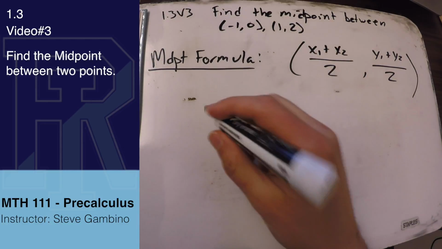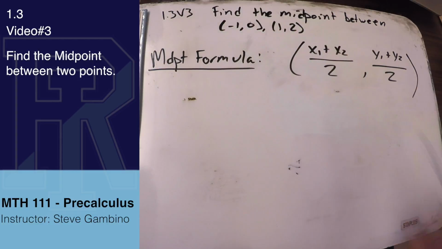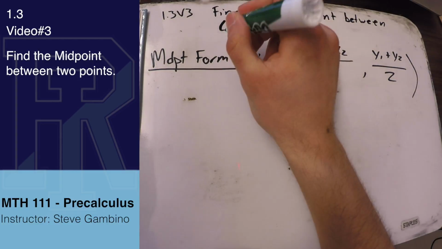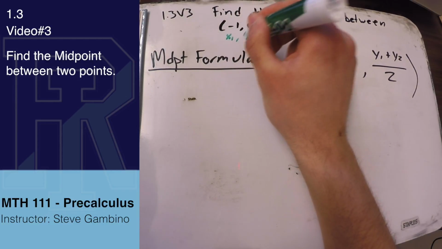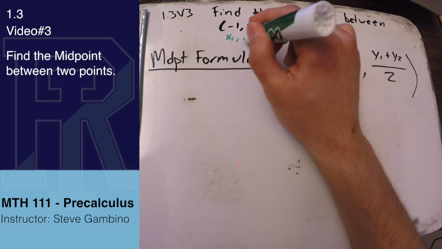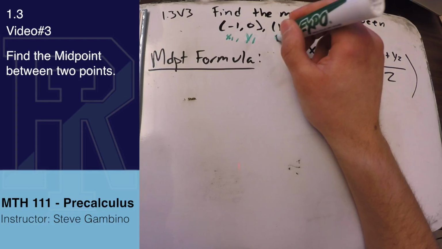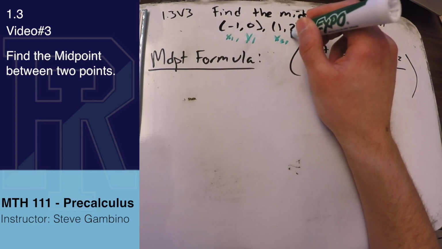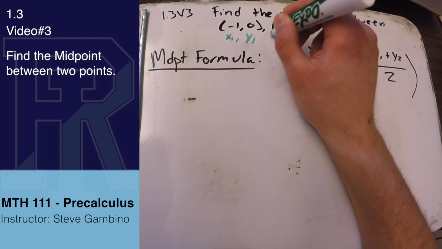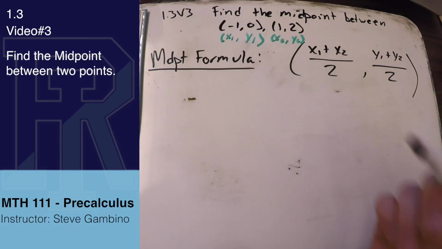So if we look at these 2 points here specifically, we can call (-1, 0) x1, y1, which I believe is the same as we did in the last video, and we can call (1, 2) x2, y2. So if we label those as so, we can just simply fill in for our formula here.